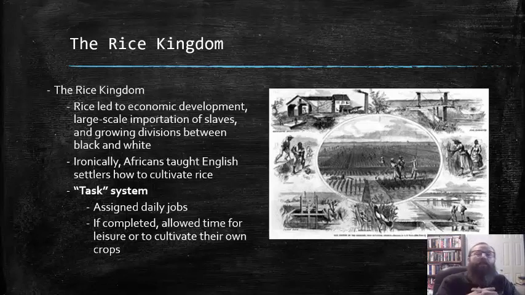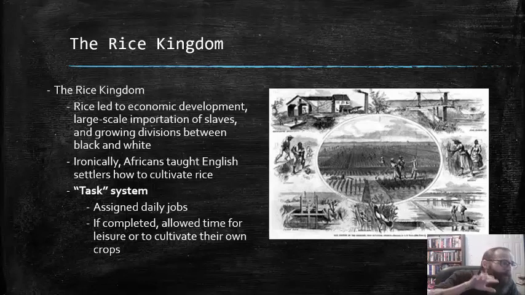Rice cultivation and production had been practiced in West Africa for centuries by that point, and that knowledge was transferred along with the slaves into the Carolina colonies, where the climate was conducive to rice cultivation, and the English planters took advantage of the knowledge of their enslaved populations to develop an expanded rice economy.